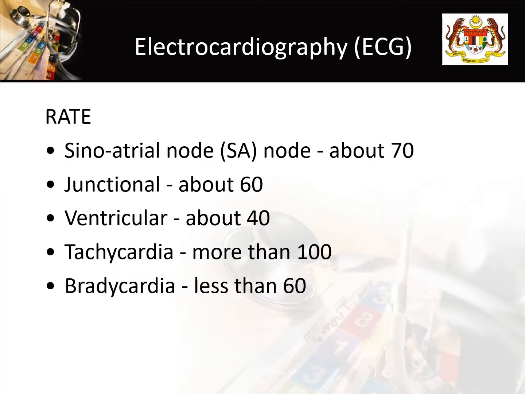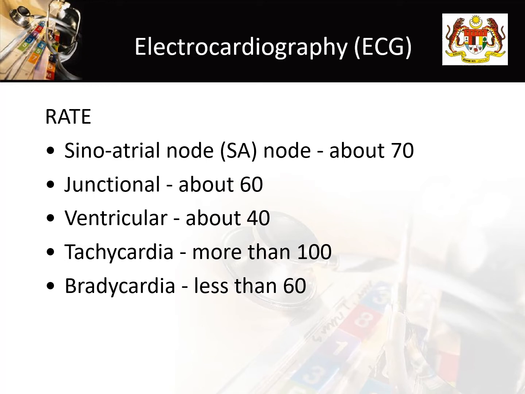The next component in ECG interpretation is the heart rate. As we know, the normal heart rate depends on the origin of the electrical cardiac activity. In a normal individual, the heart rate originates from the SA node, and the rate is about 70 beats per minute.